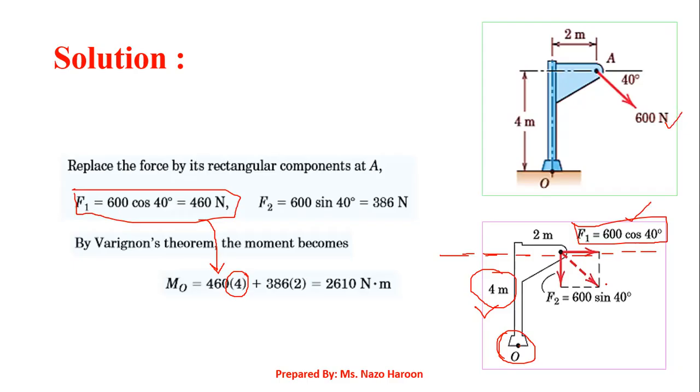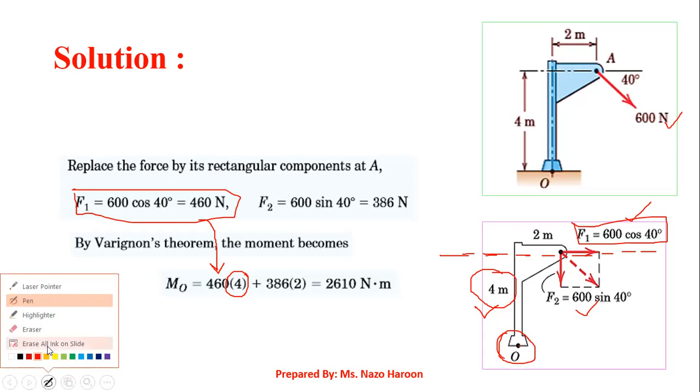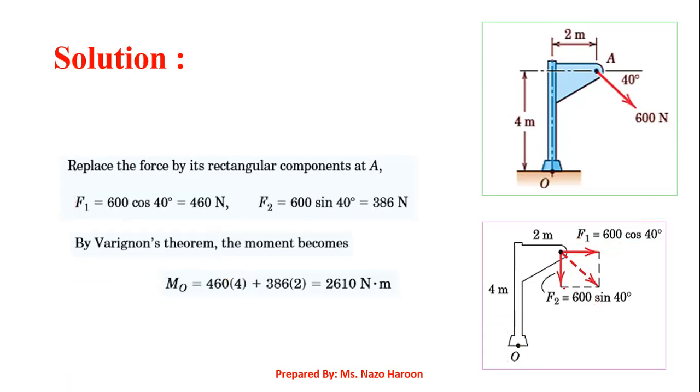Now we are left with another component of the 600 Newton force, the vertical component, which is 600 sine of 40, right? Once again, let me raise all this so that you can easily understand. Now we are interested in this vertical force. If I draw the line of action of the force, it could be something like this, the vertical dashed line.